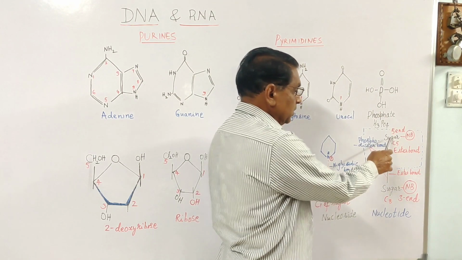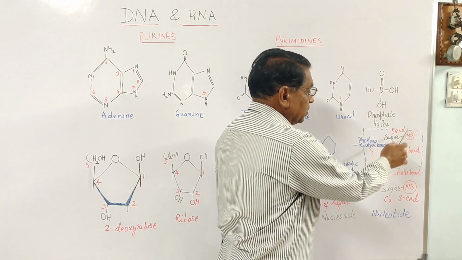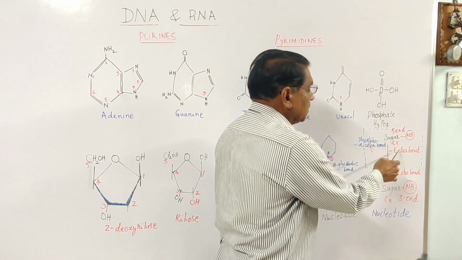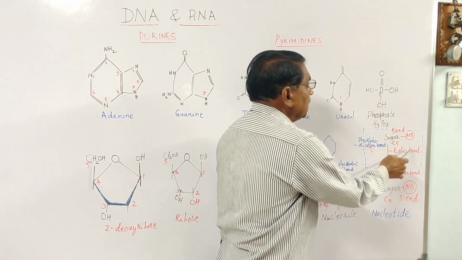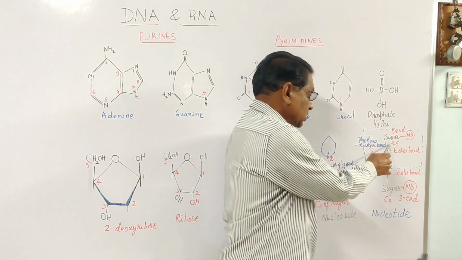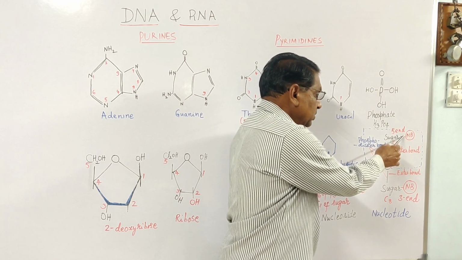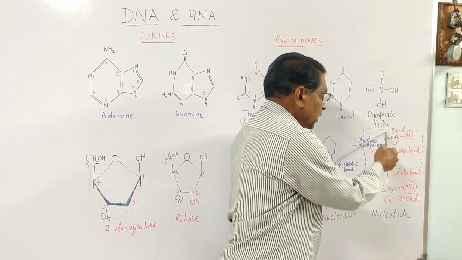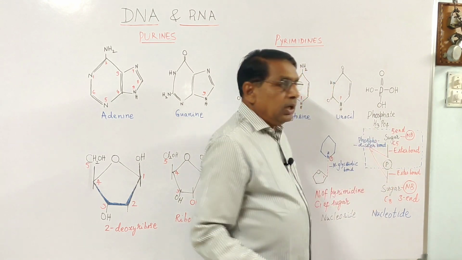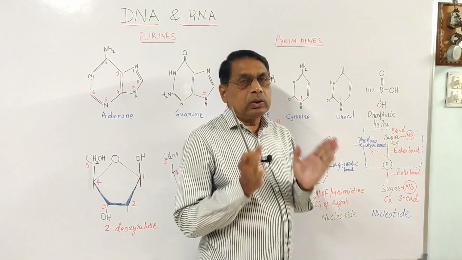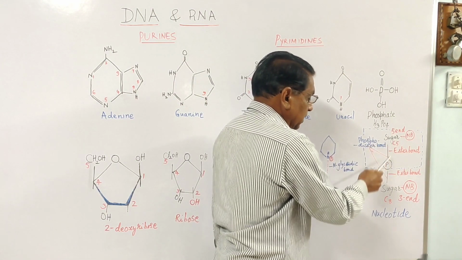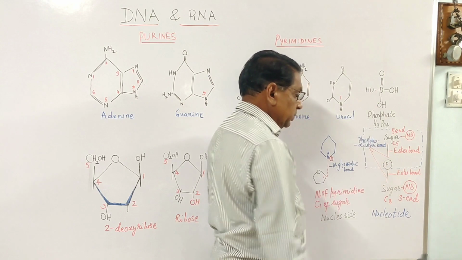So this sugar is linked on one hand with the nitrogen base by the N-glycosidic bond, and on the other with phosphate by a bond known as the ester bond. So this is a nucleotide: nitrogen base, sugar, phosphate. In a nucleotide, there are two linkages: one N-glycosidic bond, another ester bond.